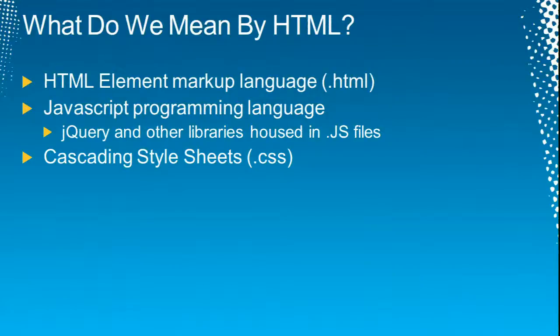We're going to see how we can house that information inside of SharePoint 2010 and different types of methods of doing it. You also have, and this is another one that's really big now in HTML5, cascading style sheets. So it's really a combination of these three technologies whenever I say HTML.